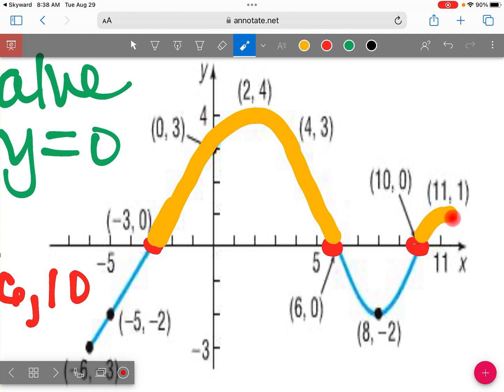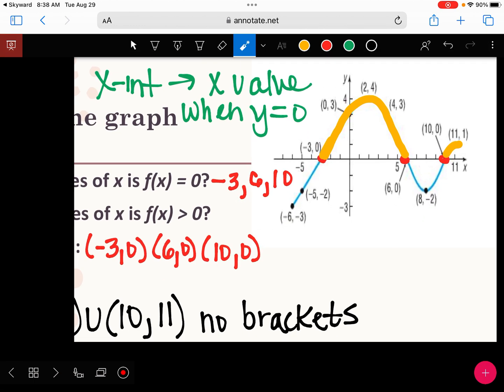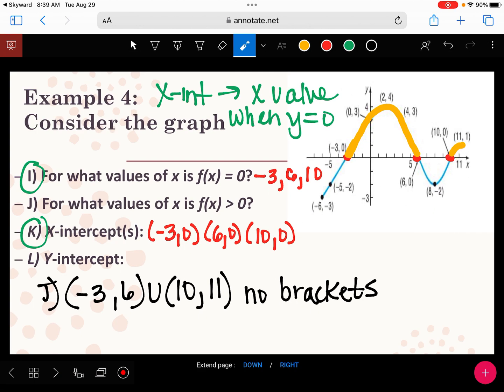The function ends at 11. So the intervals of x where y is positive are between -3 and 6, and also between 10 and 11. That would be your answer for J.